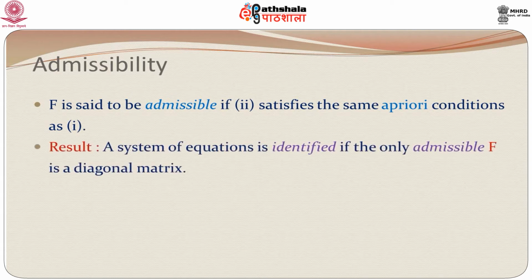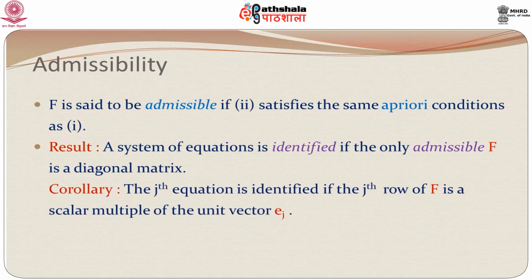And then we can think in terms of identification: a system of equations is identified if the only admissible F is a diagonal matrix. So, there has to be only the diagonal matrix which, when pre-multiplying this A matrix, keeps the restrictions satisfied; then we will say that the system of equations 1 is identified. Multiplying A by a diagonal matrix, what does it mean for the jth equation or the jth row?